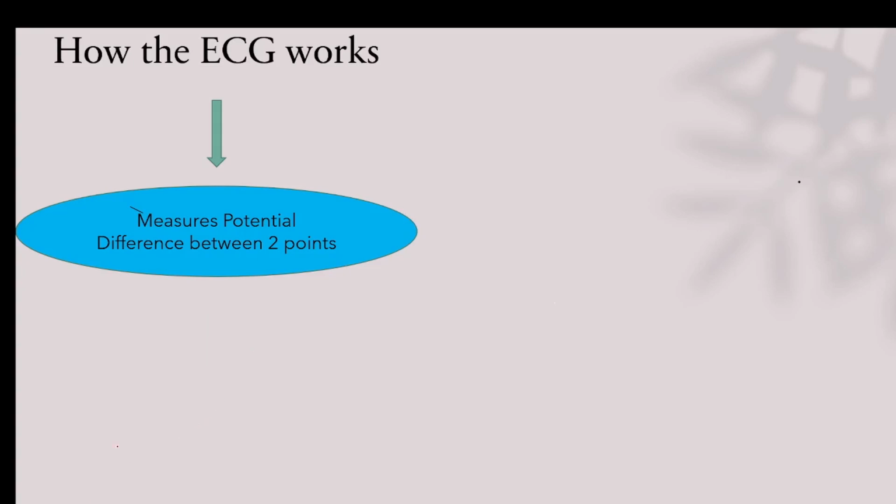Let me draw. Let's think about blood pressure. Blood pressure is measuring a difference between 2 points, and this difference is pressure. Let's say we have a gradient of pressure going from A to B, and here is where we observe the measurement, the change. Let's say osmosis.